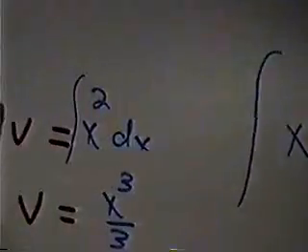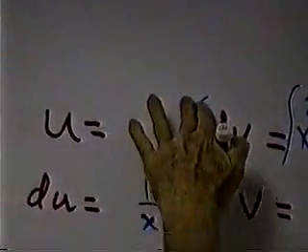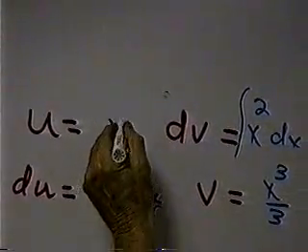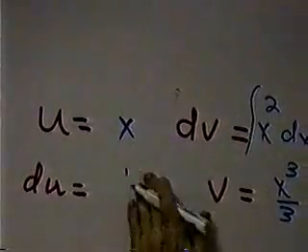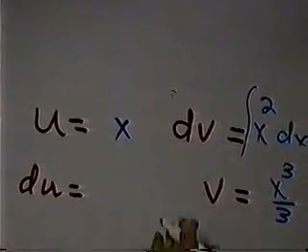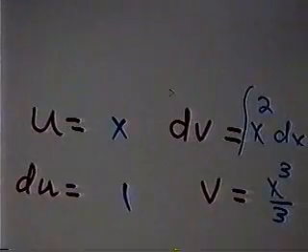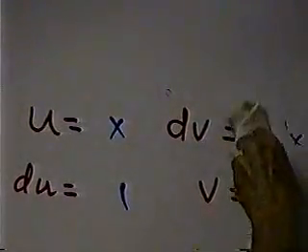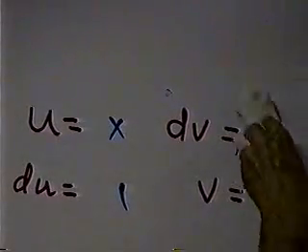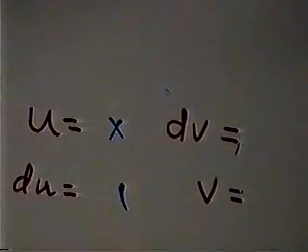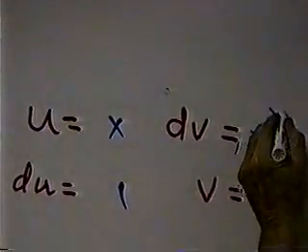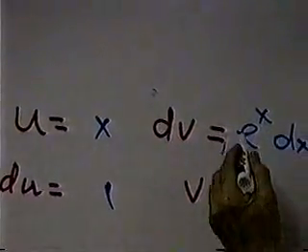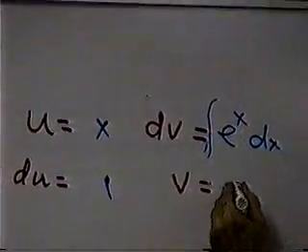For u, we let this be the x part, and its derivative now is 1. And we let dv be the e to the x dx, and the integration of e to the x is itself.